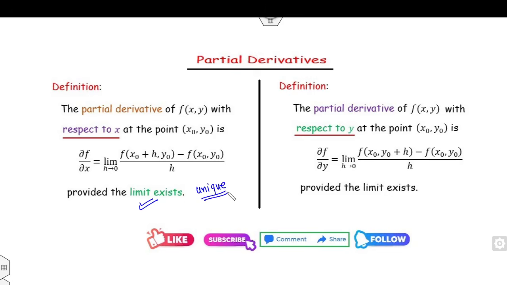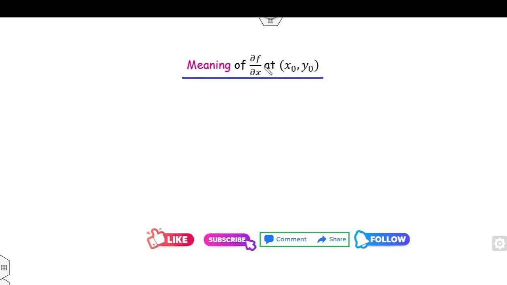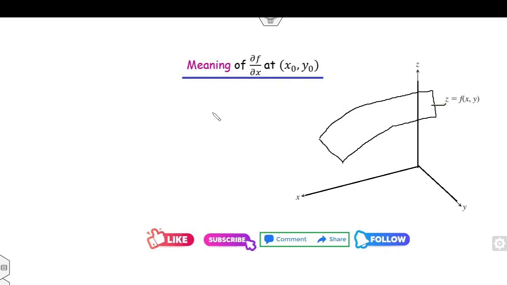Now what is the geometrical meaning of del f by del x? Suppose I consider the function f of x comma y, which is denoted by z. That means we are talking about a surface. So now I can define the x, y, z axes, and this is my surface. Consider the point x naught and y naught. Say this is my x naught, this is my y naught.